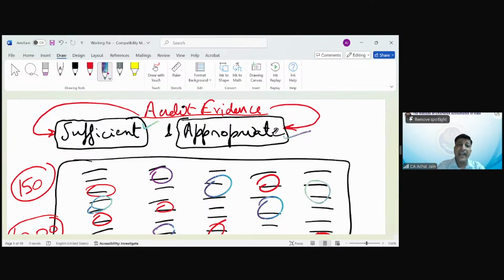Please remember, it's and, it's not or. So the auditor has to ensure both sufficiency as well as appropriateness. Without which, what will happen? His audit evidence will not be considered as good enough. So that's why whenever it comes to the audit evidence, both of these factors need to be considered by the auditor.